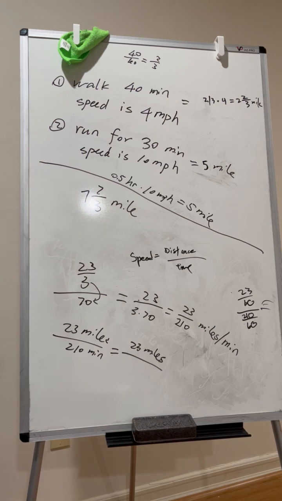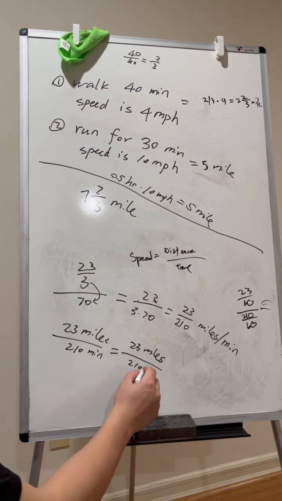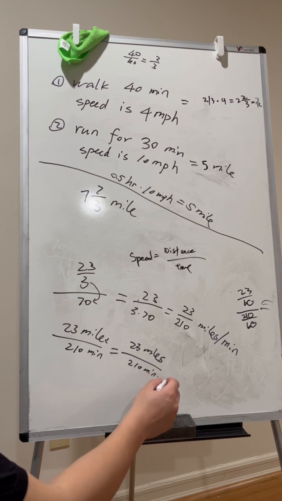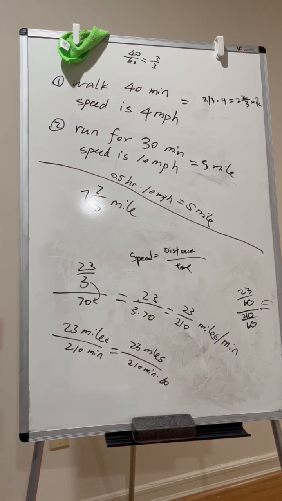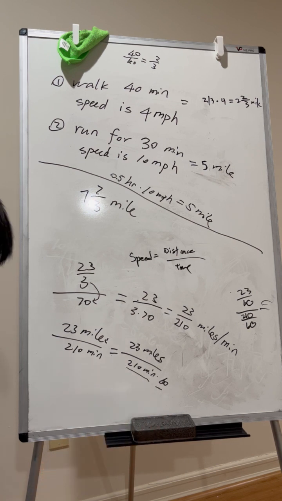If you multiply top and bottom, then you are not doing anything. Multiply bottom. 210 minutes times 60. What does this mean? 12,600. No, I'm asking you why you times this by 60.